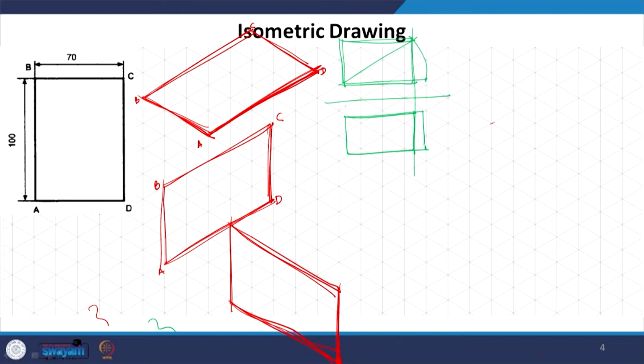So, we have this reference rectangle, and this reference rectangle gives us one of these edges. Now, you could make another reference rectangle wherever it comes out to be. So, we have this and then this will remain parallel.